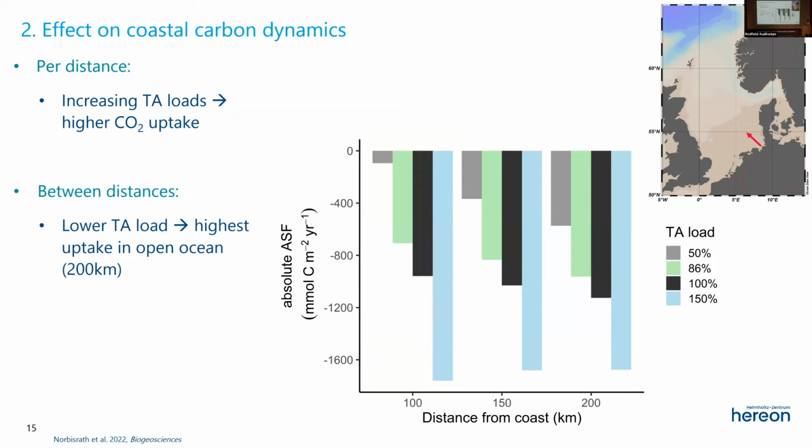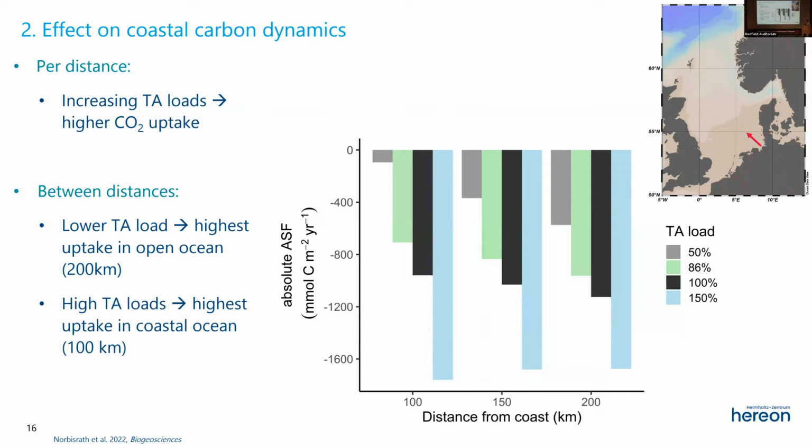But when we look between the distances, we can see that with a lower alkalinity load, the highest uptake of carbon still occurs in the open ocean. And the continental shelf pump has a stronger effect than the uptake in the coastal ocean.